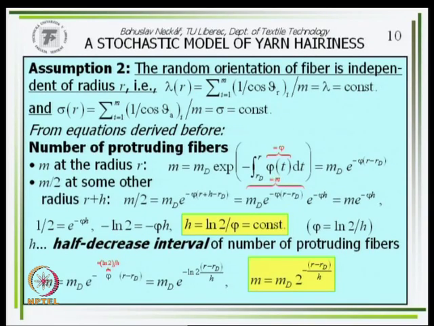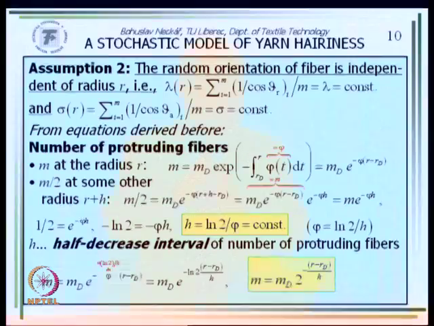Some distribution of such directions exists. And here we assume that the distribution of fiber directions is the same in each radius. In a relatively small radius, I speak about the hairiness sphere only, some distribution of directions exists. At a higher value of radius, the distribution of directions has the same character. Yeah? This is the logical sense of our assumption 2.